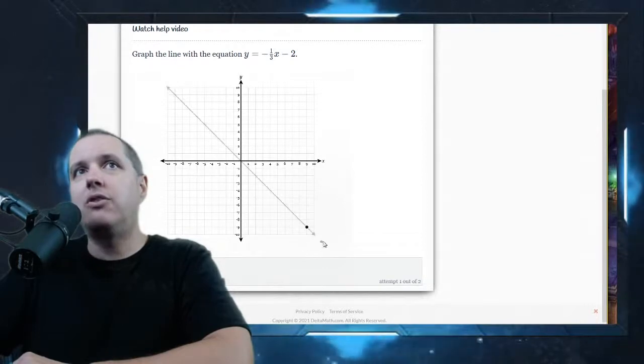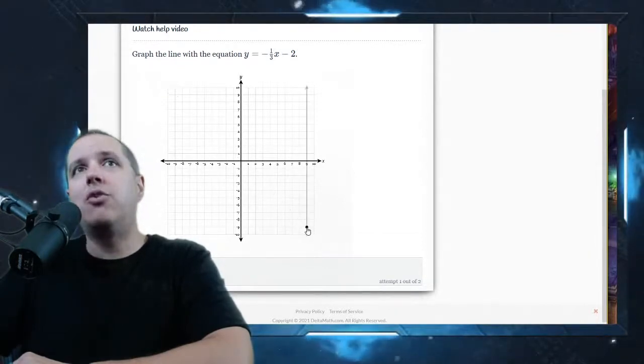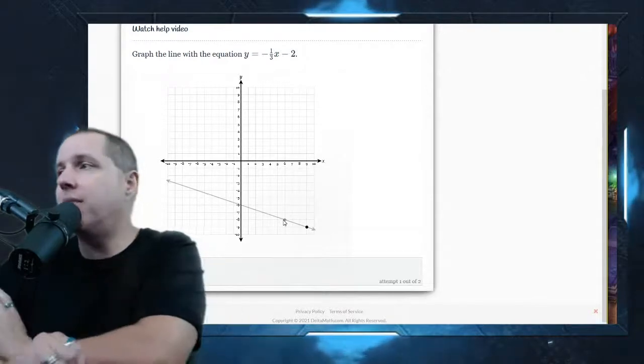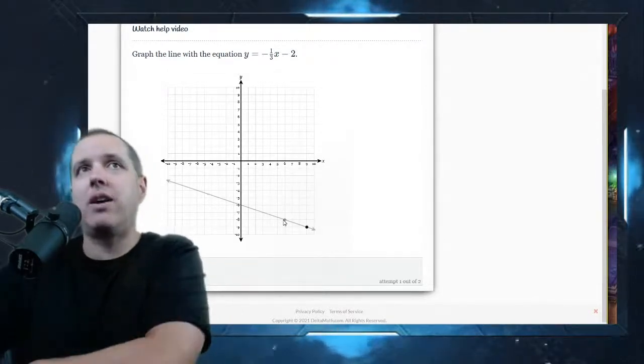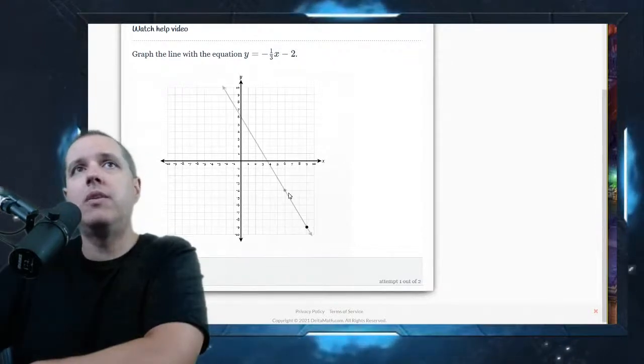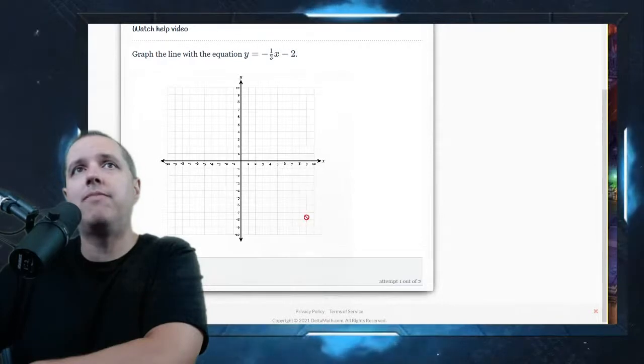There's no grid over here. I've run out of room. So in that case, I would have to go the other way: I would go up 1 and back 3. And then I could get my line that way. That's the main reason why you would want to do that. So it doesn't make sense for this problem, but I was just showing you why we might do that.